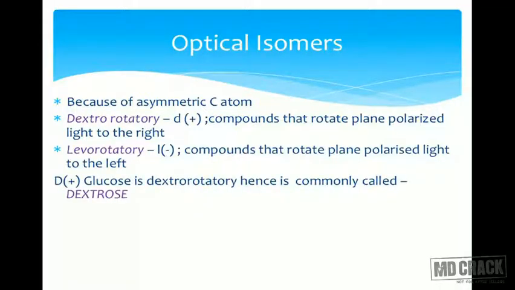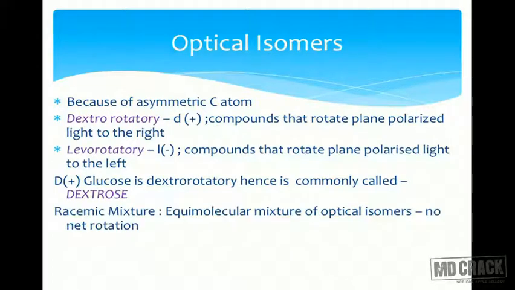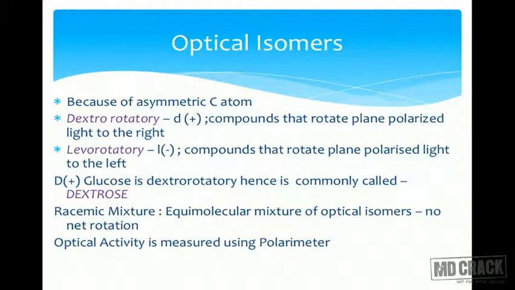And why we need to know it is glucose is dextrorotatory, hence it is called dextrose. The name dextrose for glucose has come because it is dextrorotatory. A racemic mixture is an equimolecular mixture of optical isomers, and there is no net rotation, and optical activity is usually measured using a polarimeter.